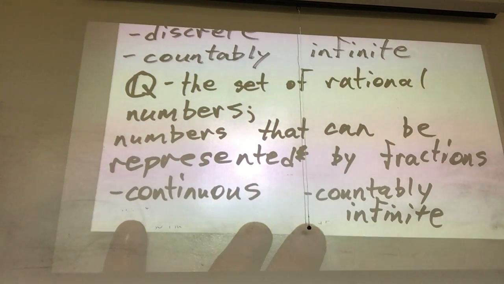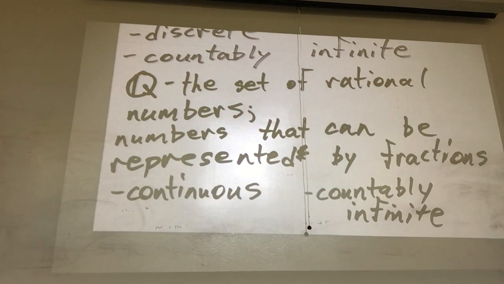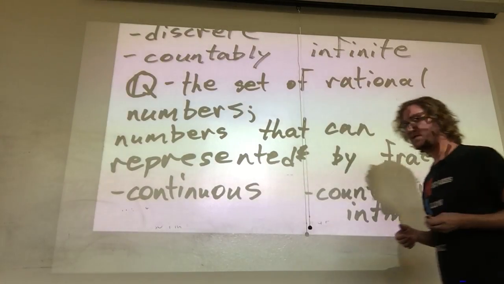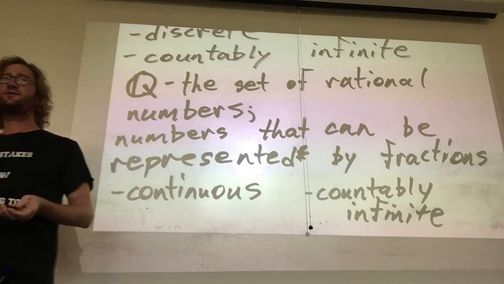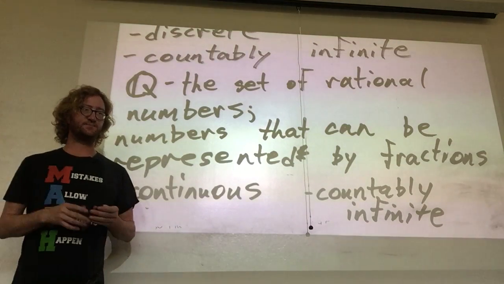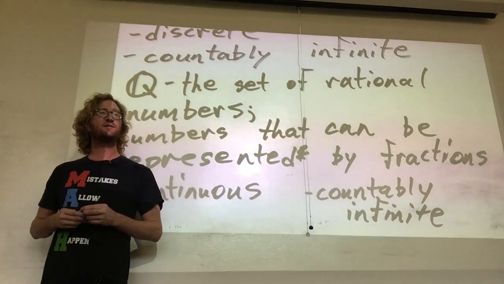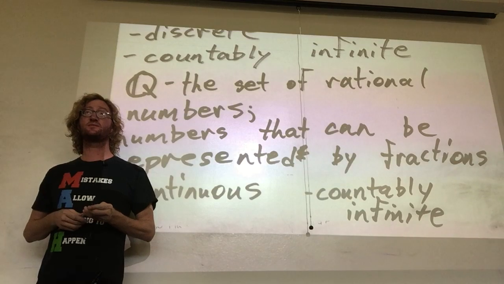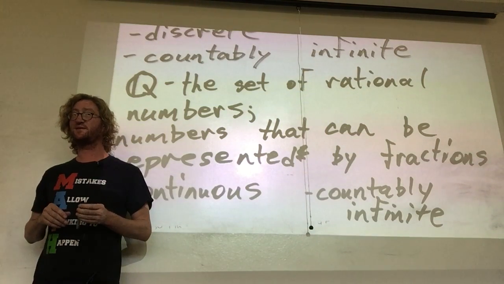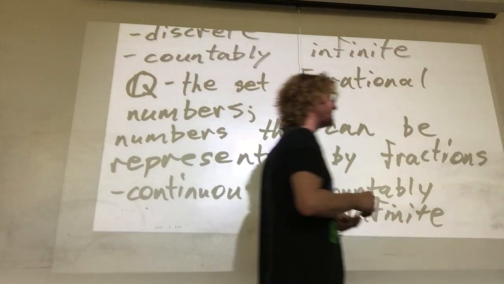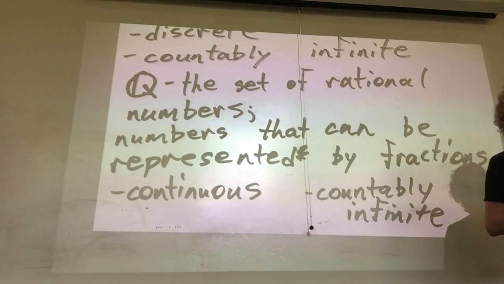But when it comes to set theory, you end up with these very strange qualities of something that's continuous, but countably infinite. Now, if the set of rational numbers is continuous and countably infinite, but the set of reals is continuous and uncountably infinite, well, then what does that tell us about irrational numbers?